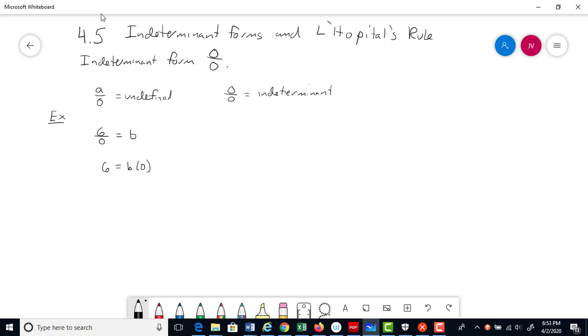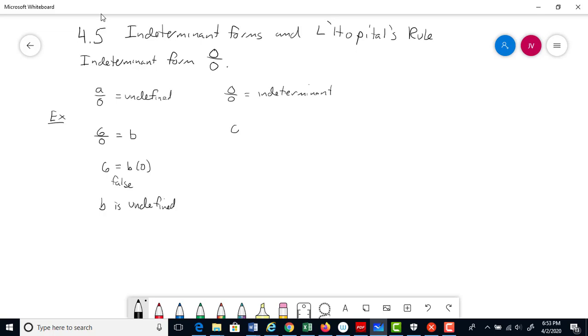But this is not going to be true, because b times 0 is 0. So this is false. So b is undefined, because there is no number that will make this work, since any number times 0 is going to be 0.